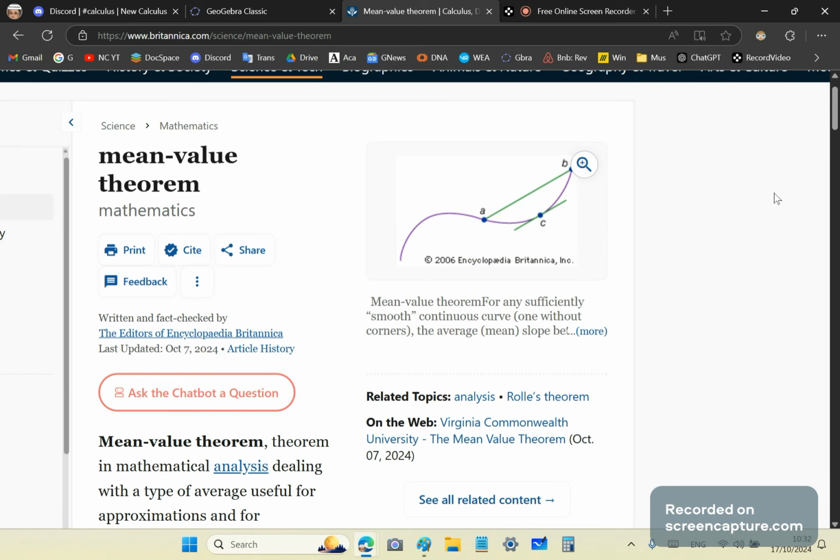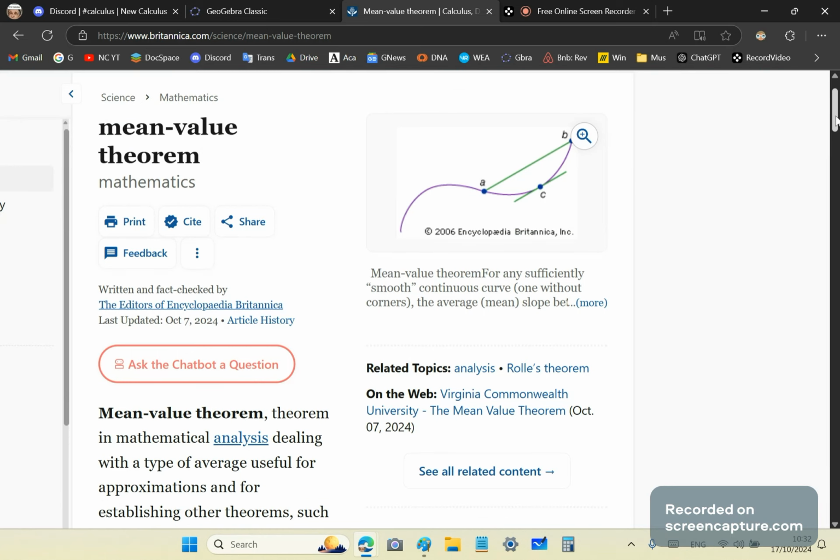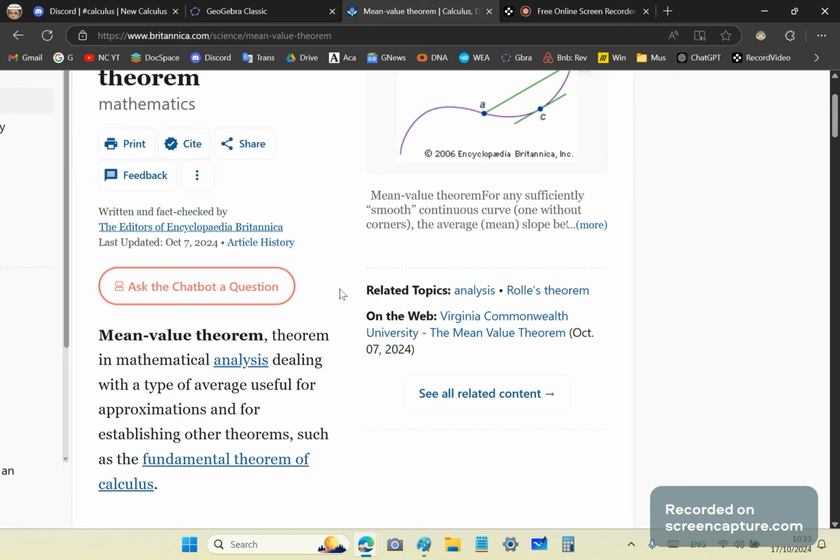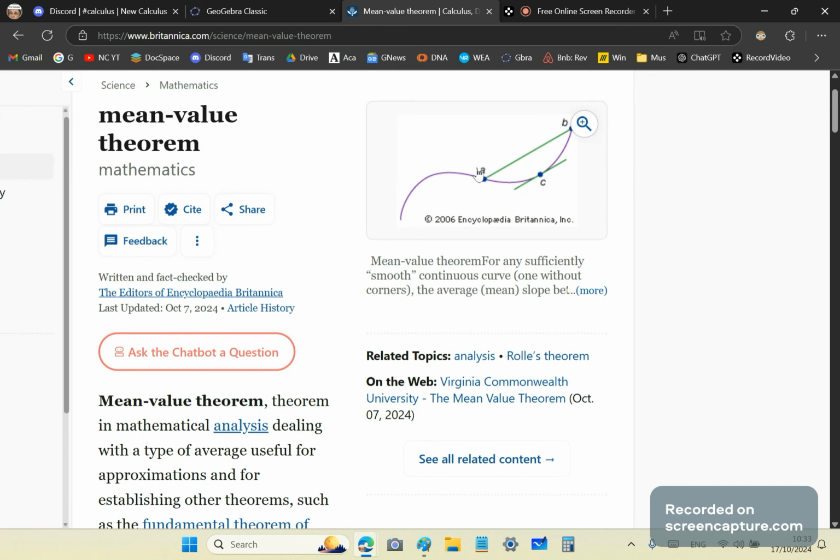So one of the first things I came across in the Britannica when I began to study calculus was the mean value theorem. What it states here is that for any sufficiently smooth... that's nonsense, by the way.